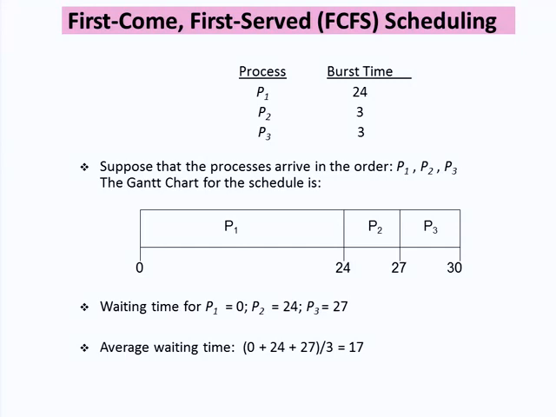Right. So here, the way that we're going to execute these processes, first the assumption here, all of these processes arrived at time 0, right? And they are ordered based on their appearance in this table, for example. So the first one to execute is P1.